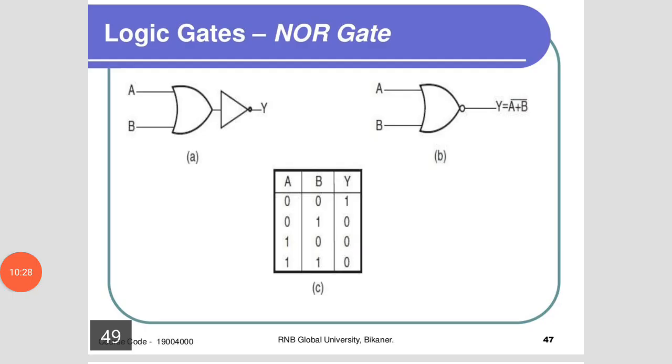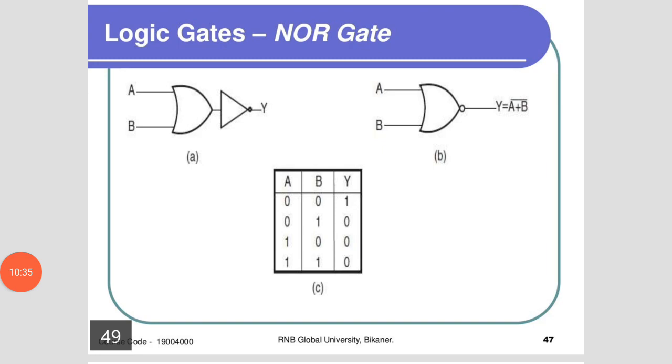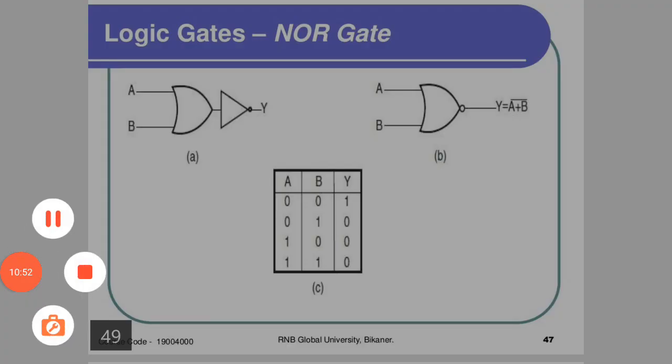In this way we see the different logic gates. Firstly we saw the AND gate. When the two inputs of the AND gate are A and B, the output is A into B. After the AND gate we saw the NOT gate.